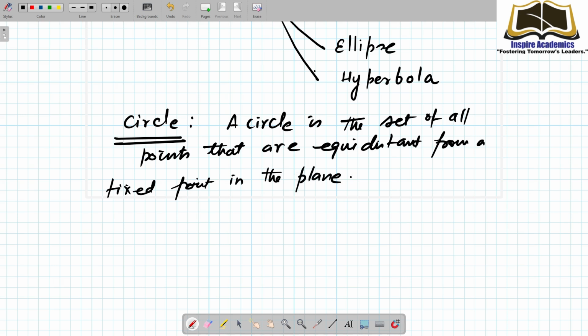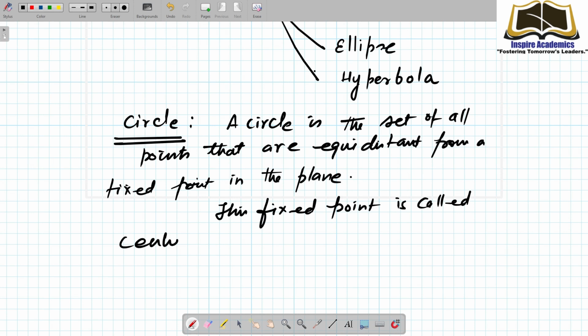In the plane. This fixed point we call it center, center of the circle.